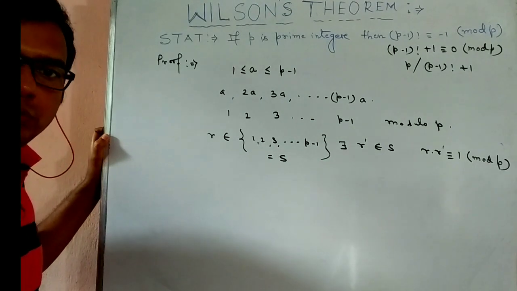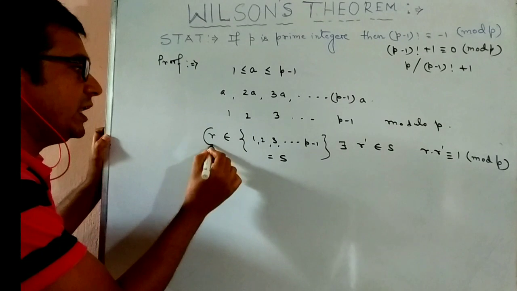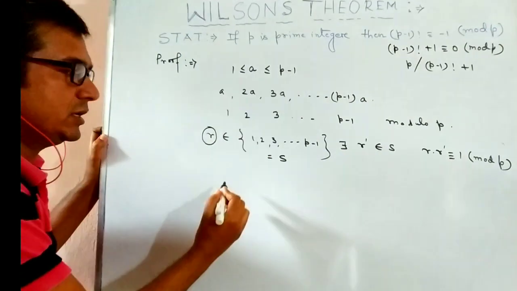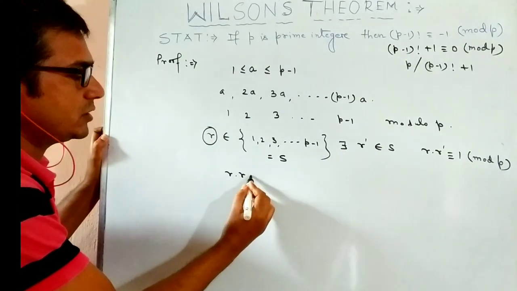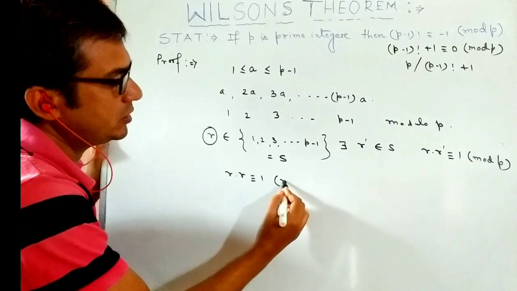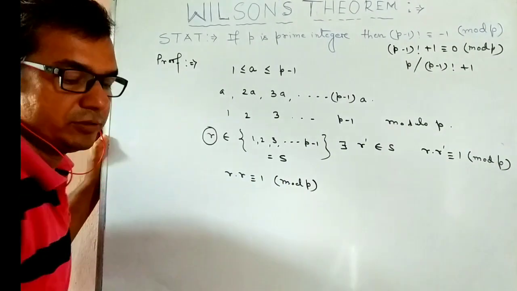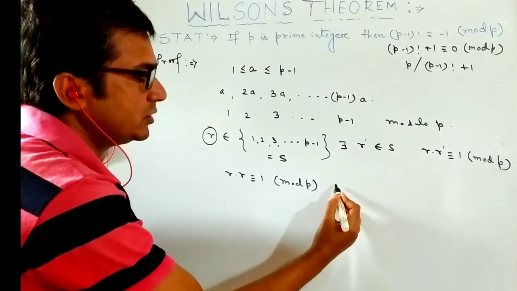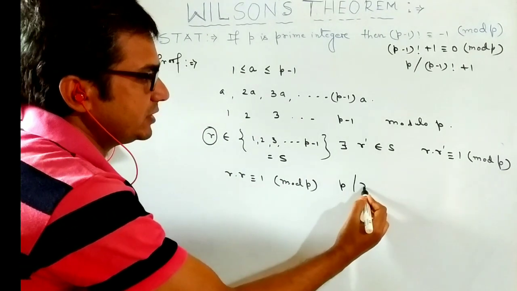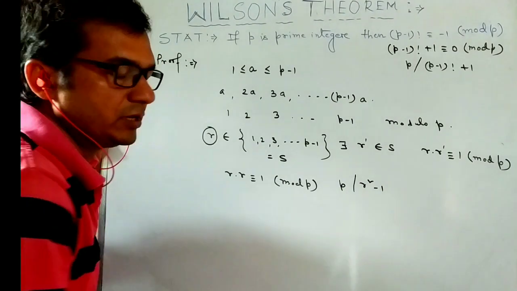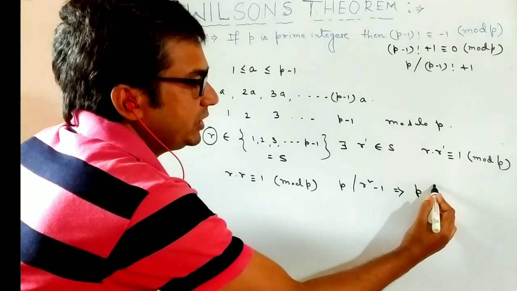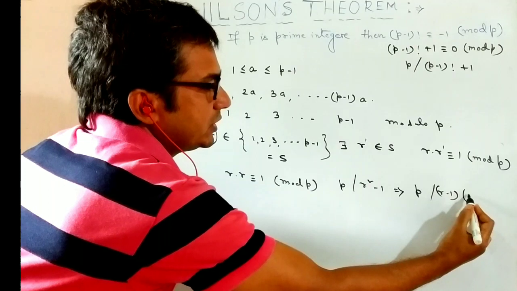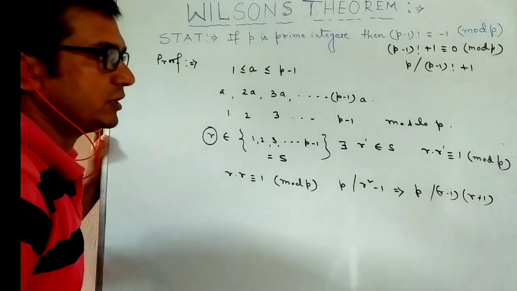Also, for any element r belonging to S, if r times r is congruent to 1 mod p, then p divides r square minus 1, that is p divides (r minus 1)(r plus 1).